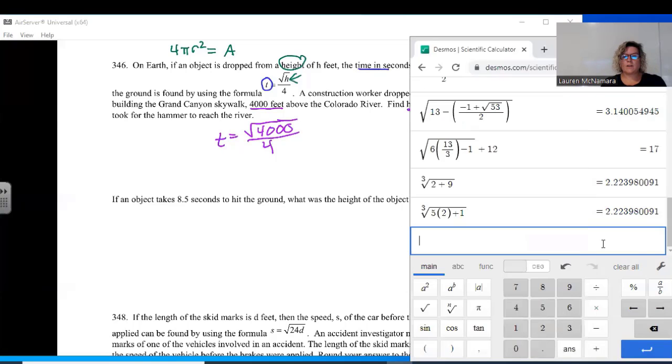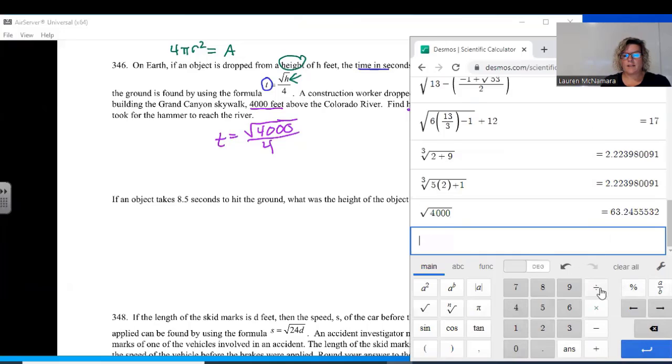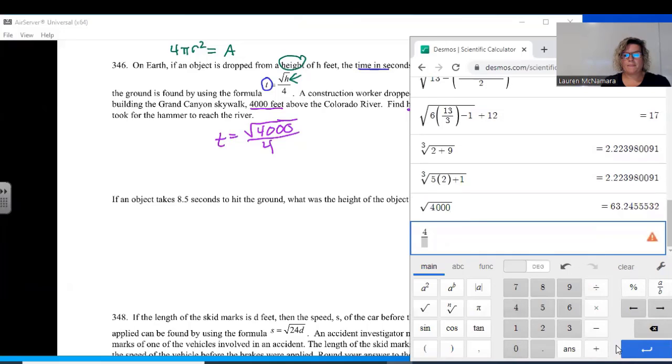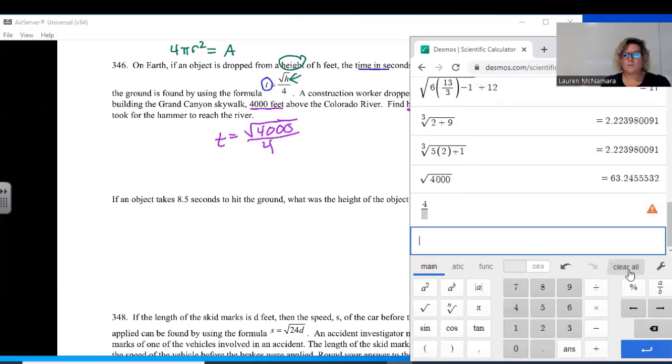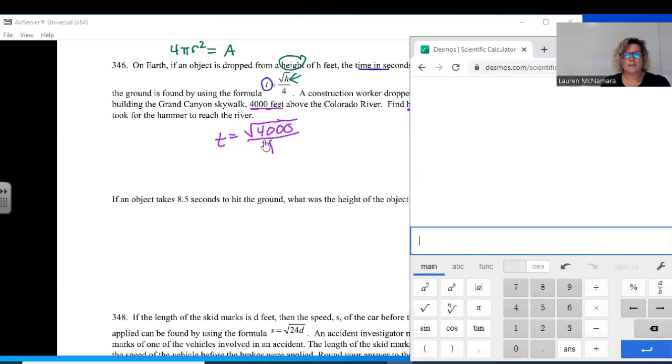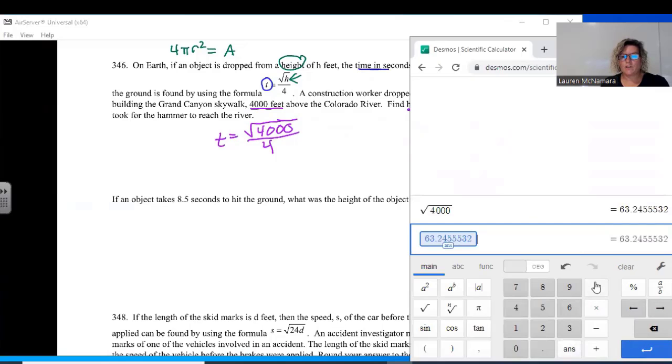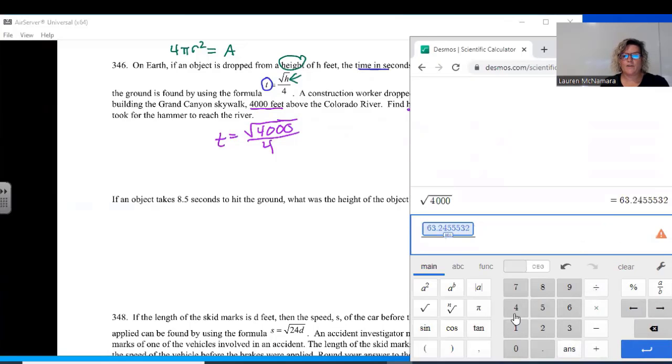Taking my calculator, the square root of 4,000, enter, divided by 4. Oh, shoot. Okay. I meant to do that. All right, so the square root of 4,000, enter. Then I want answer divided by 4.